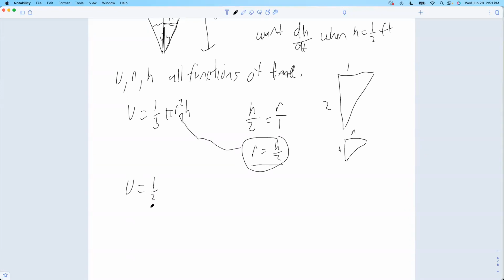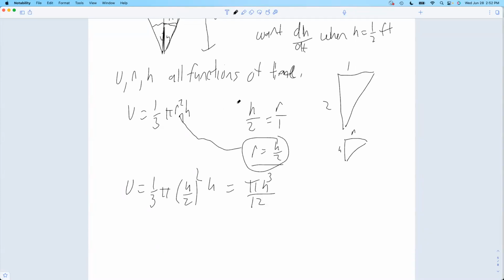V then is 1/3 pi (h over 2) squared. And I've got this other h that's coming along for the ride. So I'm going to get an h squared times an h. That's an h cubed. The pi comes along. And then I'm going to get 2 squared is 4, times 3 is 12. So now I have volume written just as a function of h.